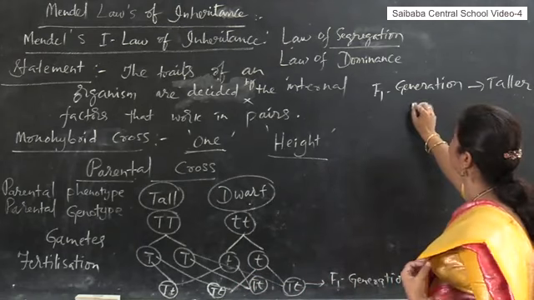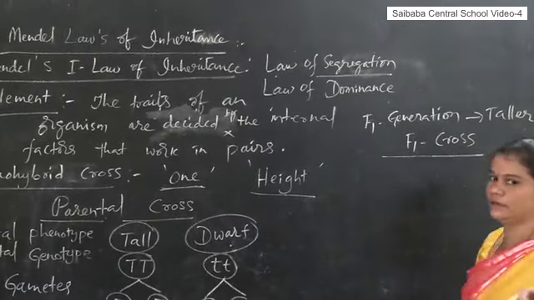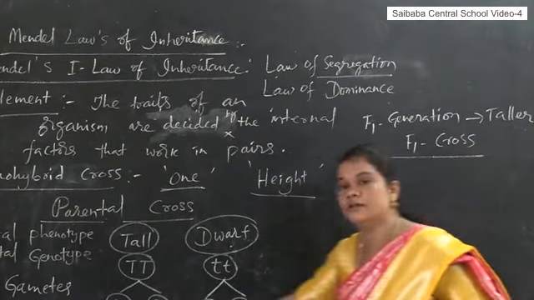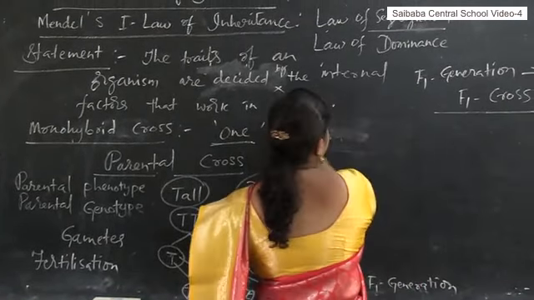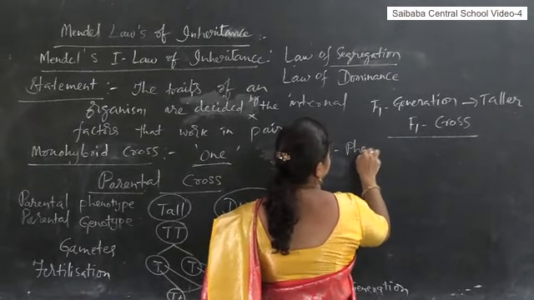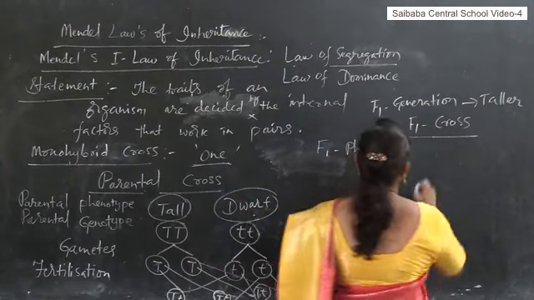Now he started to continue the experiment through F1 cross. Already I have told you F1 cross means the process of crossing between F1 progeny. Now look here. What is the F1 phenotype? He has to select two plants here, no?